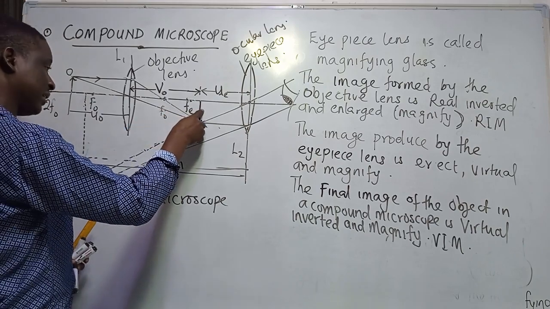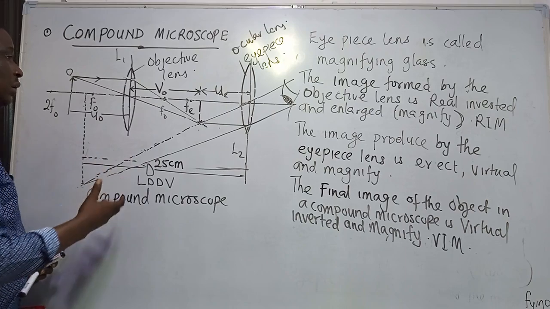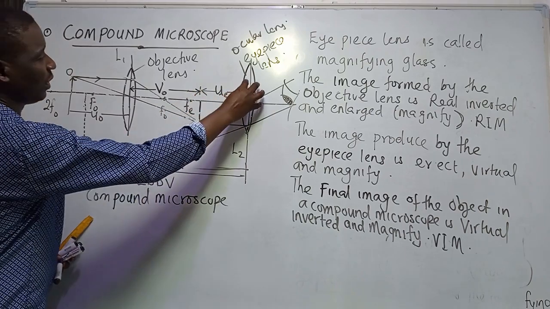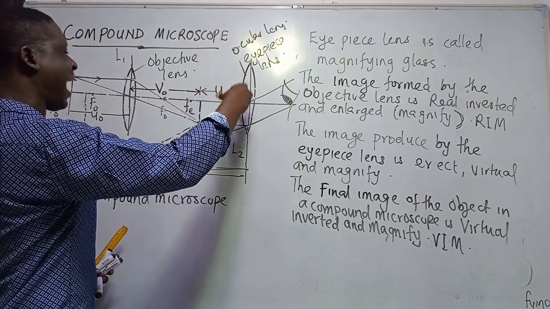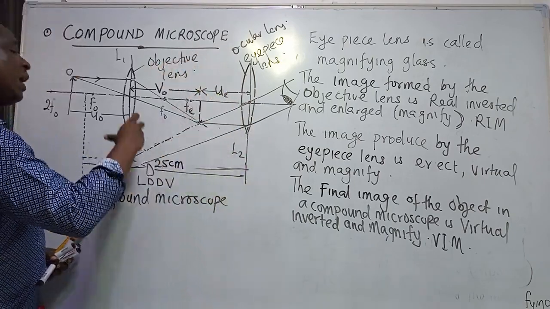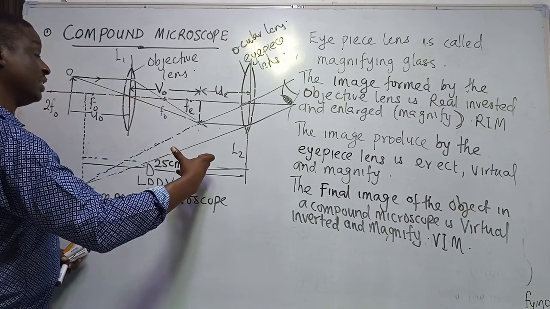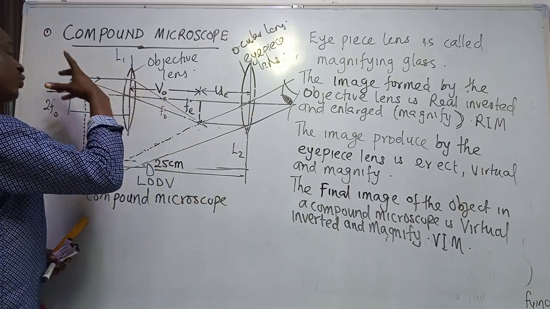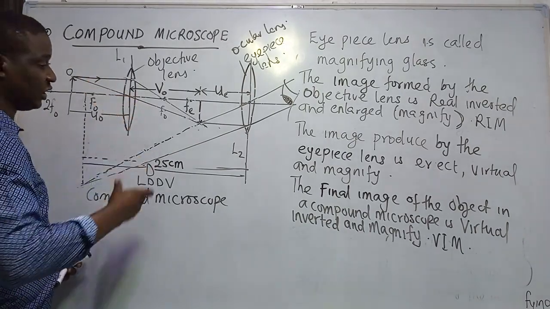So the eyepiece lens is acting as a magnifying glass in a compound microscope, and is the one used to see the image, while the objective lens is to view the object.